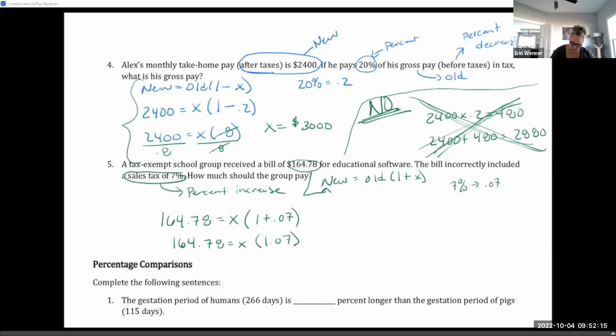And divide. And we end up with, they should have been charged $154.